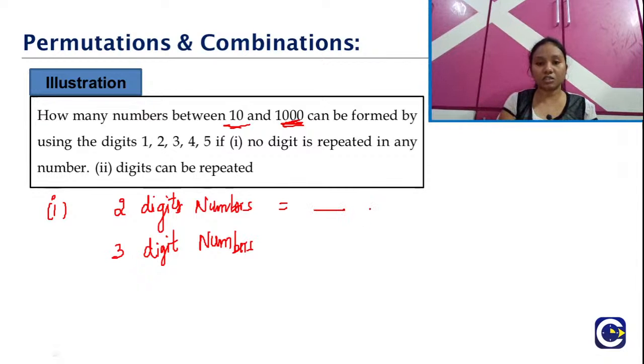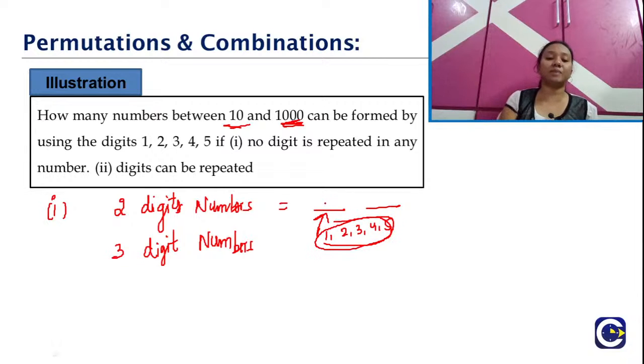So here in the tens place we can have 1, we can have 2, 3, 4 as well as 5. So how many chances are we having for the tens place? 5 chances. Whereas if we go for the ones place, amongst these 5 digits, 1 digit will already be fixed in the tens place.